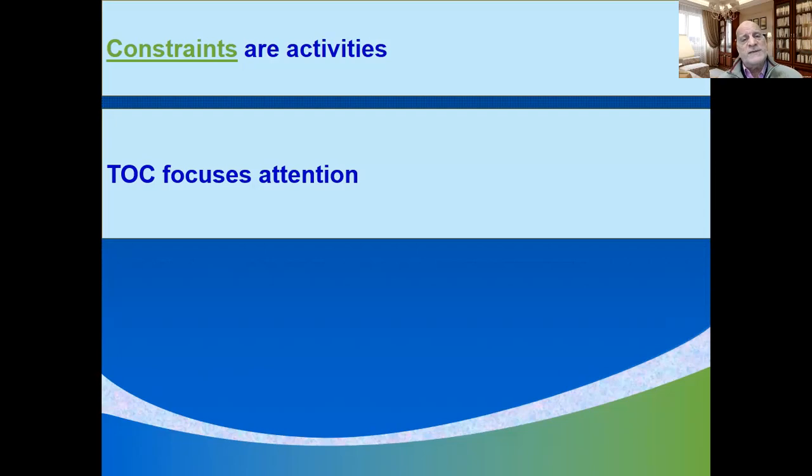Theory of constraints focuses attention on improving speed at the constraints, which causes a favorable decrease in the overall cycle time and inventory.